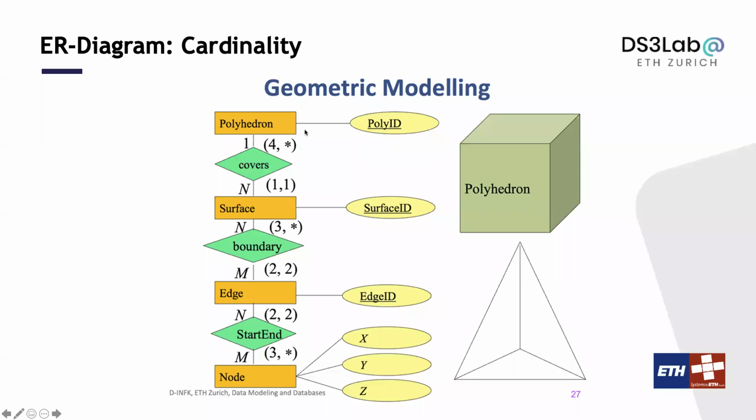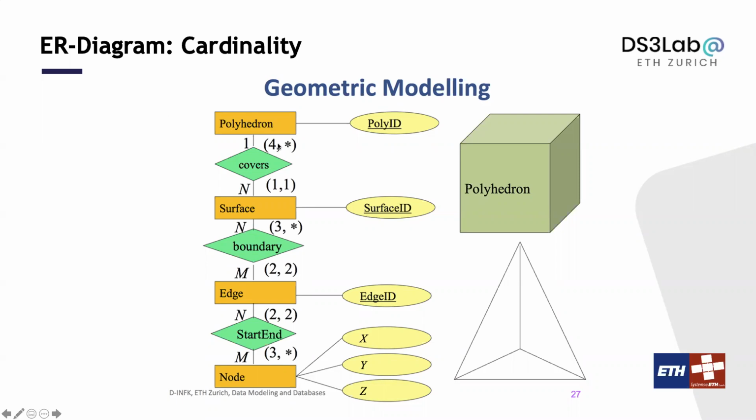So for example, if you look at here, one polyhedron should have at least 4 surfaces in our 3-dimensional space. So you can have cardinality look like 4 and star. Star means infinity, which means that one polyhedron object should participate at least 4 times in my database.